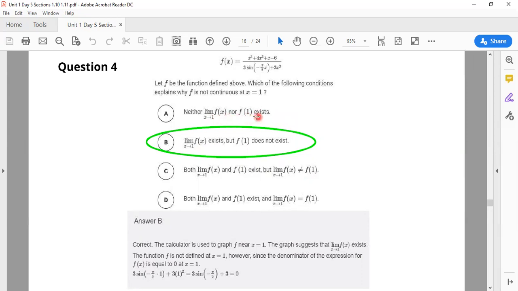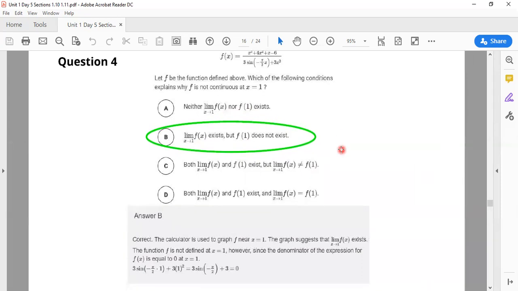Well, f of 1 doesn't exist, but the limit does, it's equal to 2. Okay, what about part C? The limit, they both exist. No, f of 1 doesn't exist. And then same with B, f of 1 doesn't exist. But this right here is how you would say it's continuous if it was true. If f of 1 plugged the hole, then it would be continuous. So this is the money right here, okay?